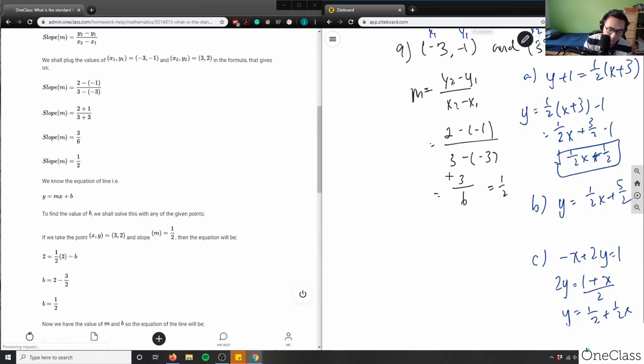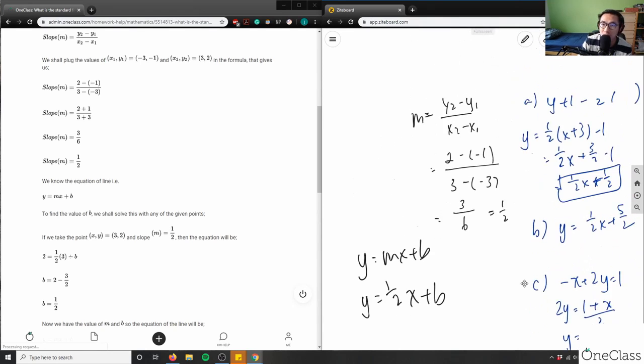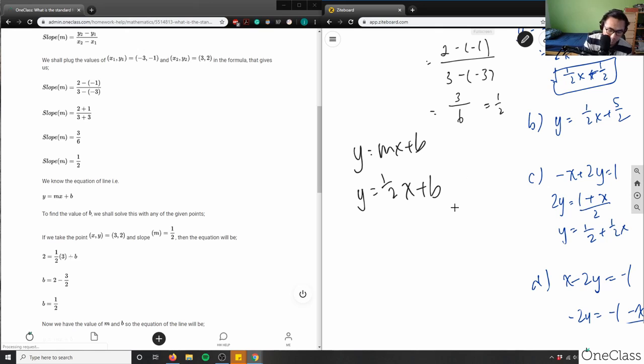So for my 2 points, I have y equals mx plus b, and I know the slope is half that I solved for. So it's half x plus b here. And I can plug in either of these 2 points. So let's take the point (-3, -1). I have -1 equals half times -3 plus b, and I'm going to isolate for b.